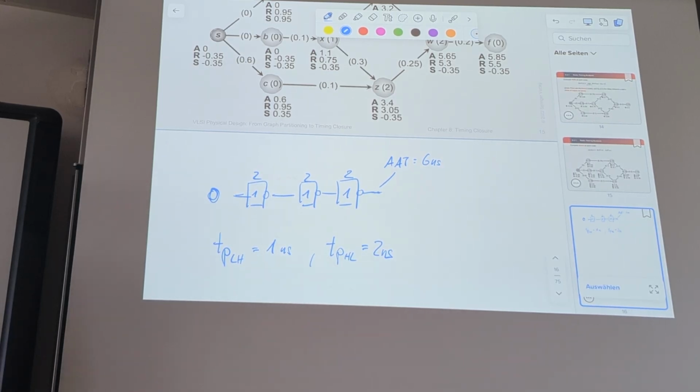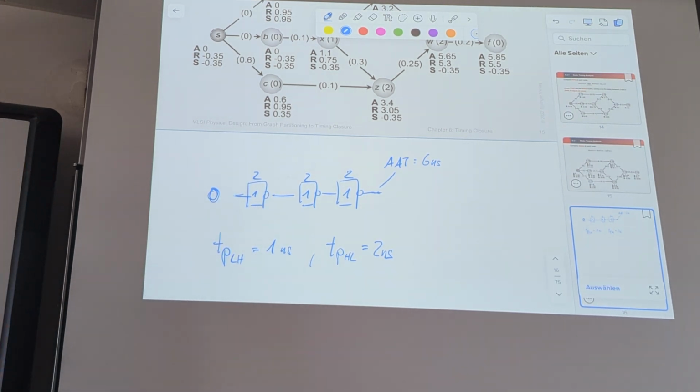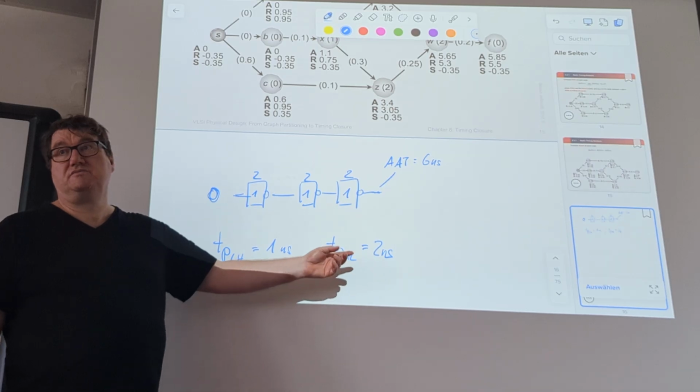But when you look at the structure, you know this would only be the case if all inverters would have a transition from high to low at the output. But this is not possible because this is an inverter chain, so there must be 2 different from the other ones. So you cannot have this transition.